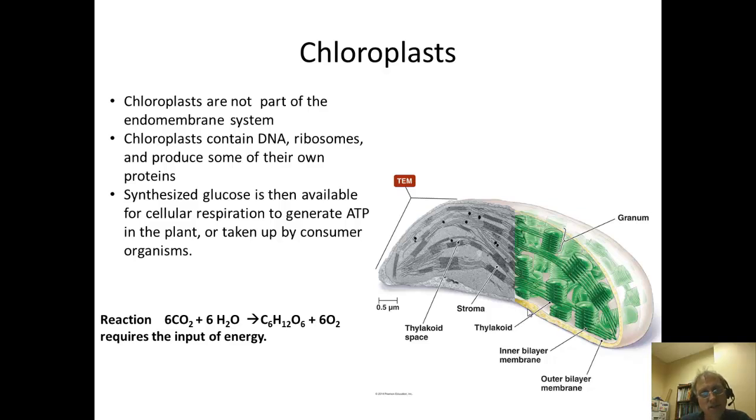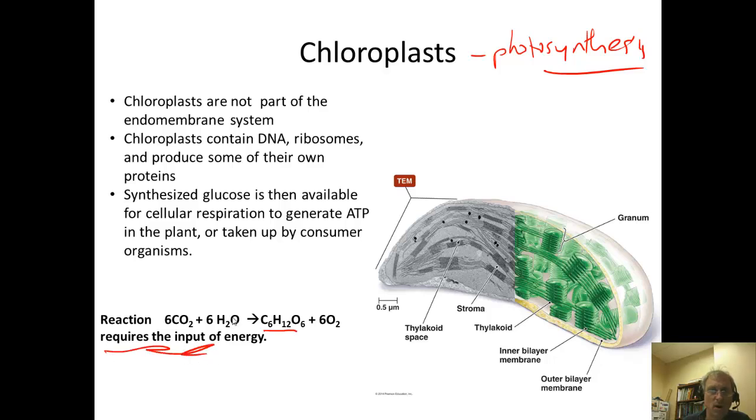Another structure that's found in eukaryotic cells that superficially resembles the mitochondria is a structure found in photosynthetic organisms, the chloroplast, and it carries out this reaction where carbon dioxide and water are metabolized to form glucose plus oxygen.